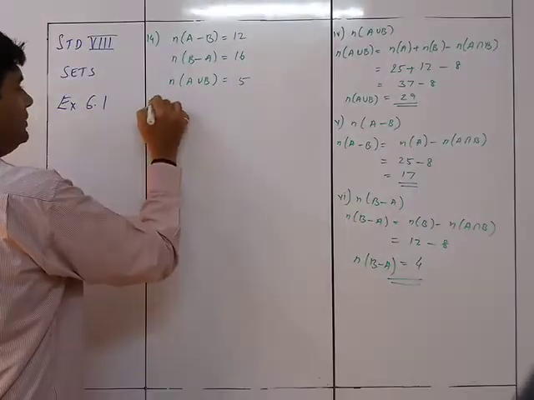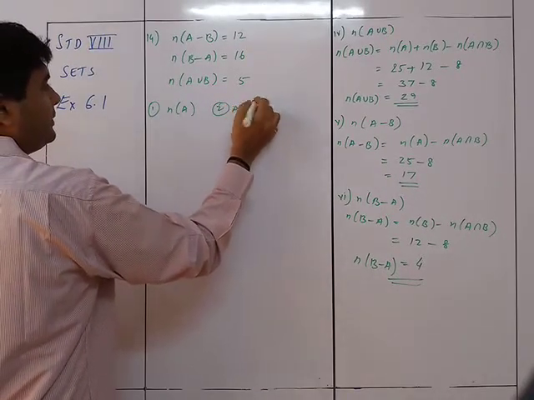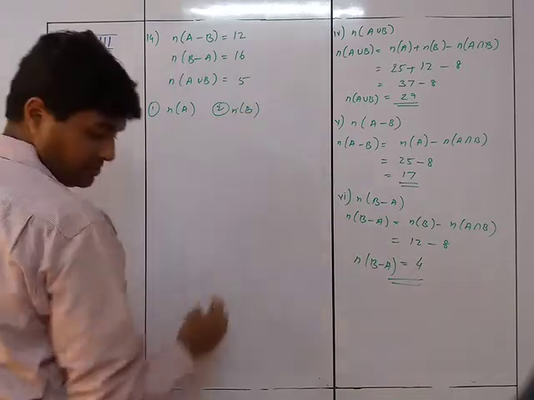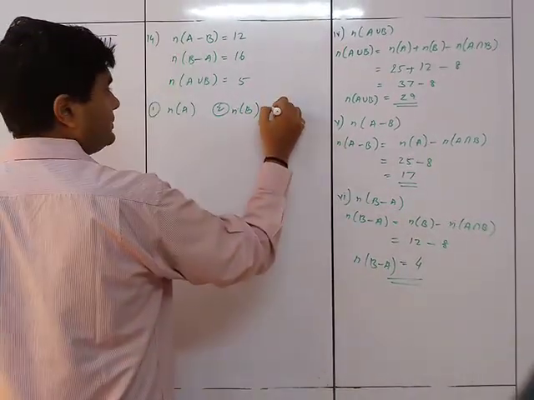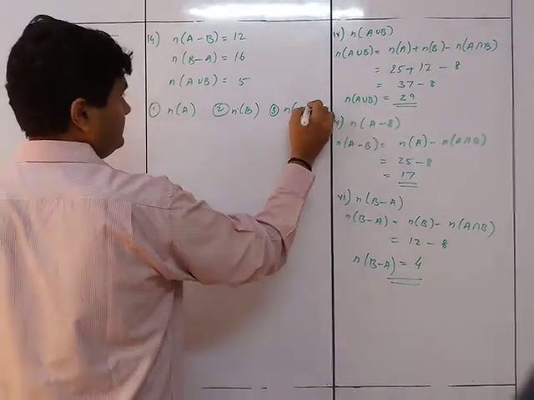You need to find out n(A), n(B), and the third one, n(A union B).